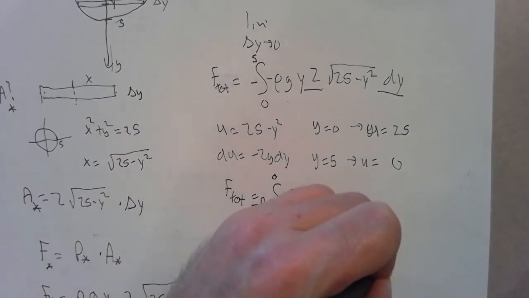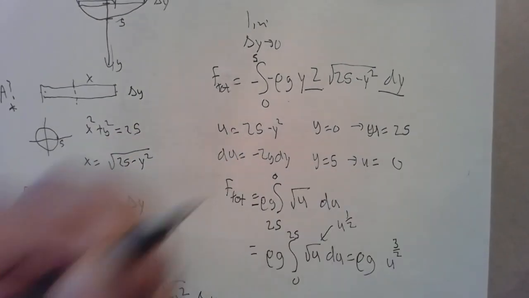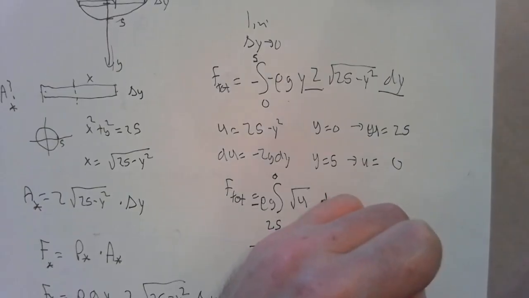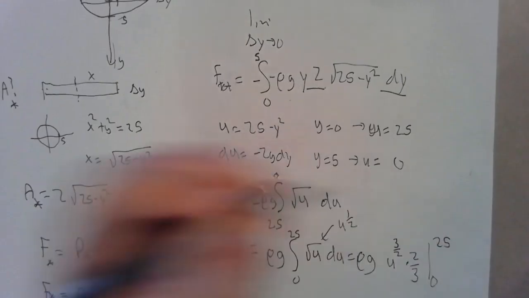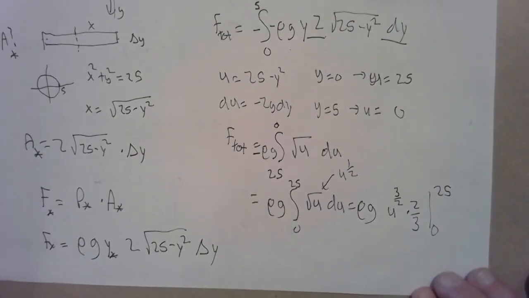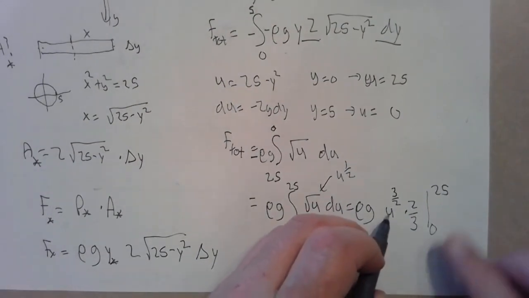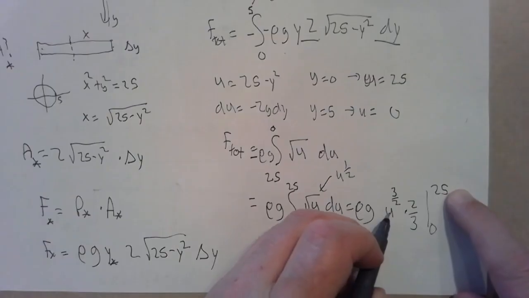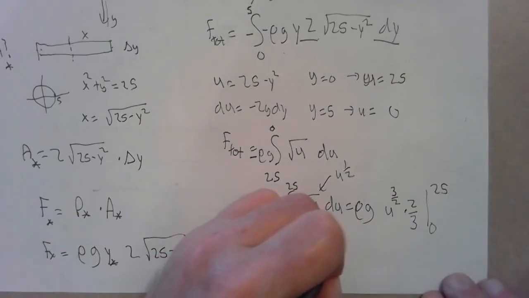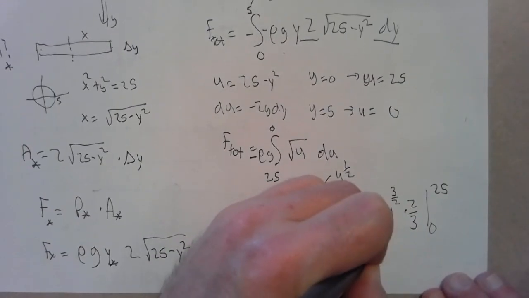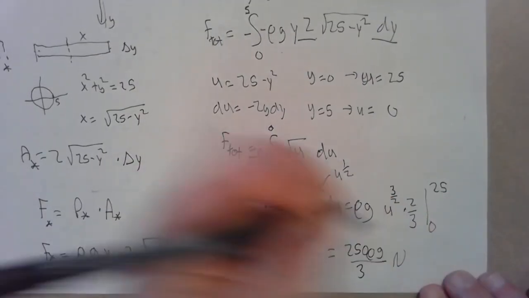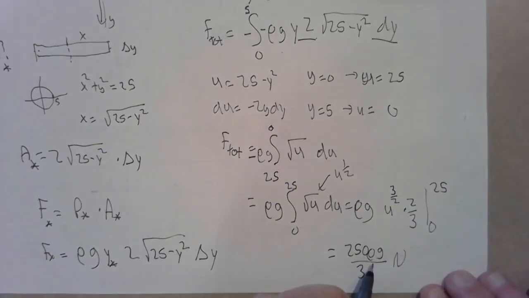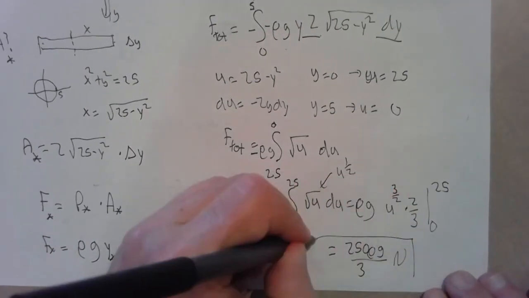So I'll get u to the 3/2 divided by 3/2, so times 2/3, evaluated from 0 to 25. 25 to the 3/2 will be 125, times 2 will be 250 rho g over 3. And that's in newtons as long as we plug in 1,000 for rho and 9.8 for g. There's our final answer.